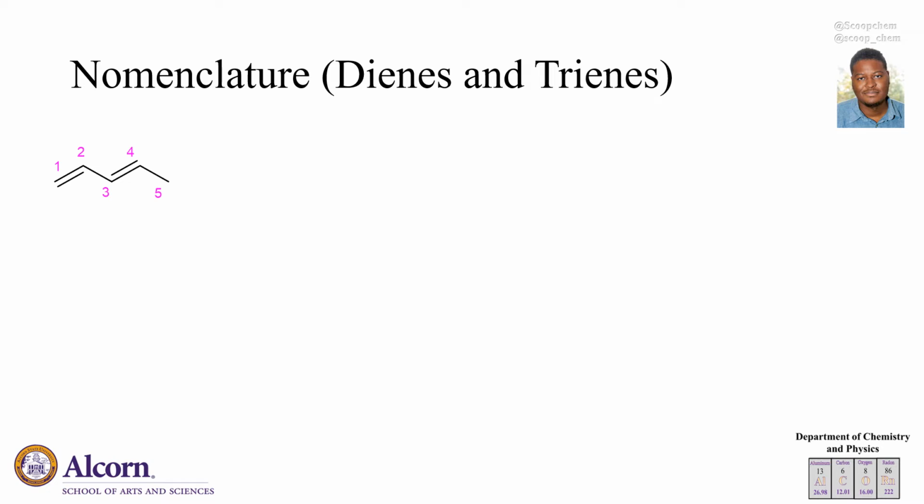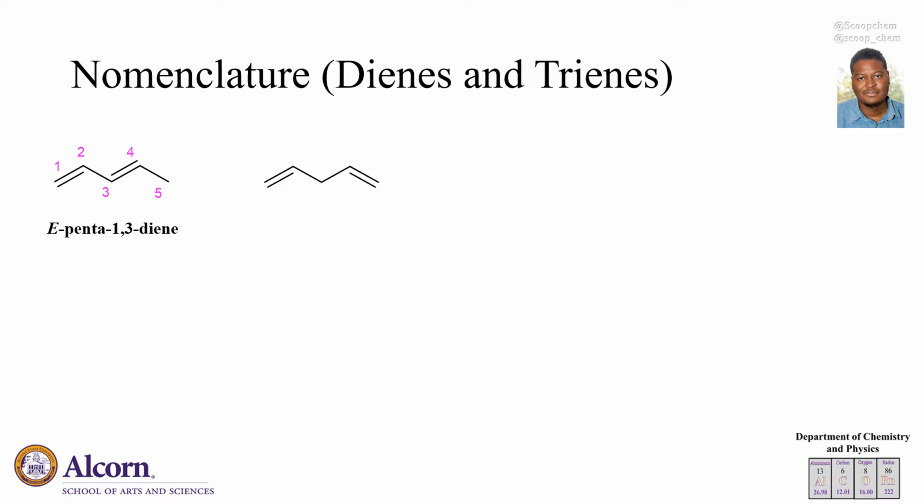Don't forget that we have to use E and Z to specify the stereochemistry there. Alkene 3 and 4 have a unique orientation that is trans, so it's going to get the letter E. So the name of this molecule here is E-penta-1,3-diene.